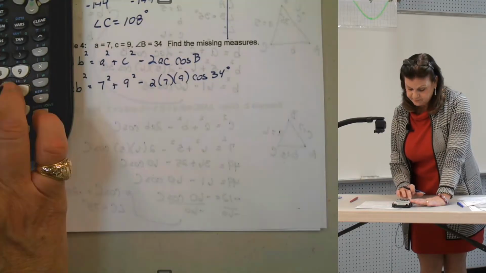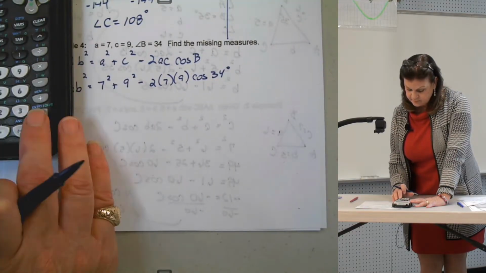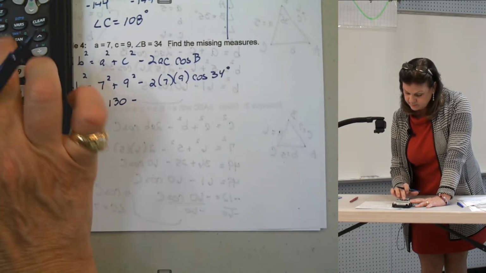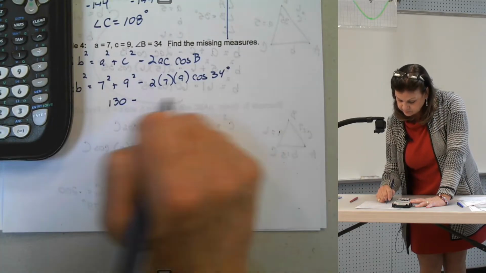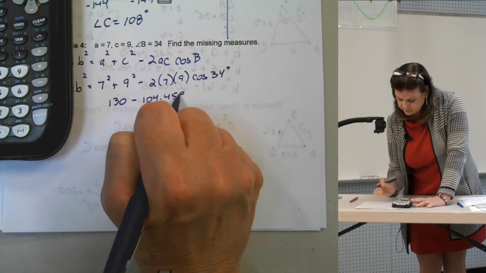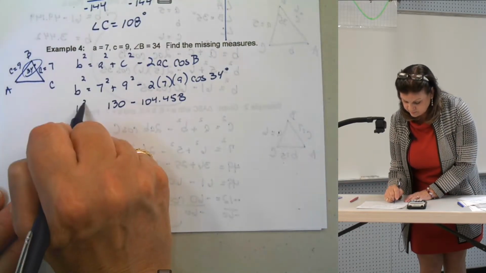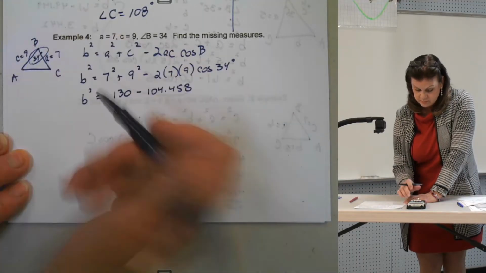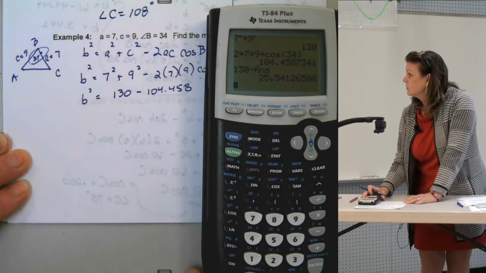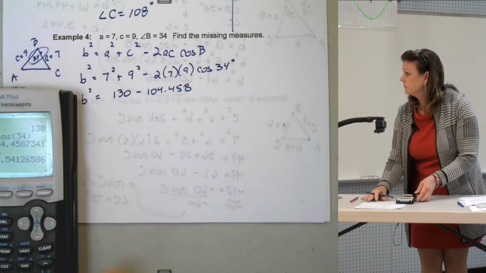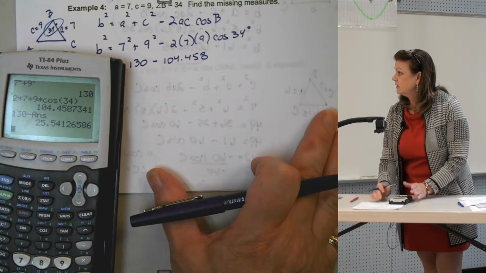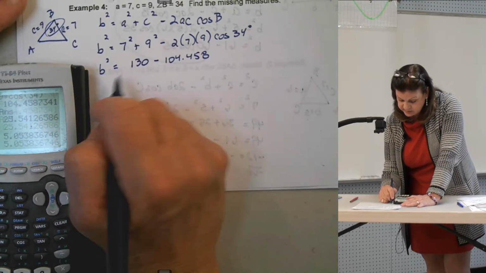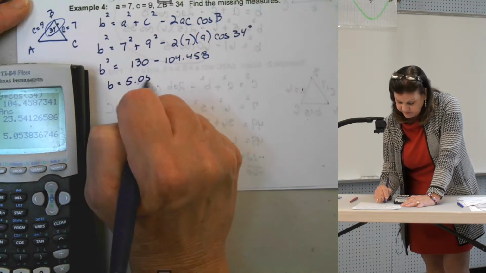So I've got 130 minus 104.458 gives me B squared, so square root of that, B is 5.053.